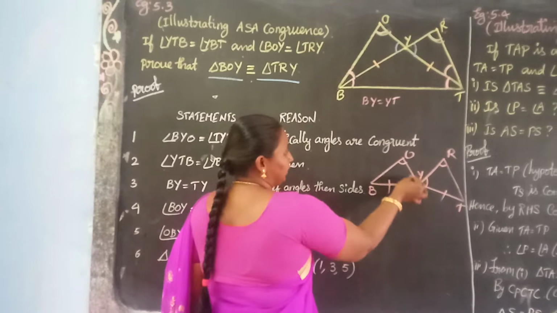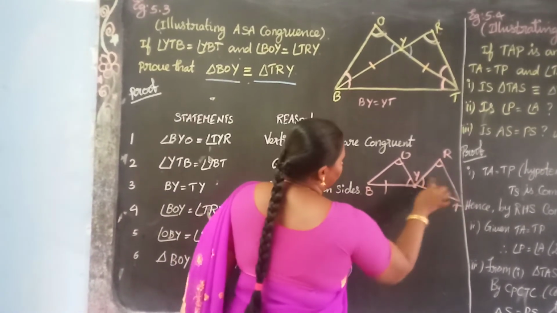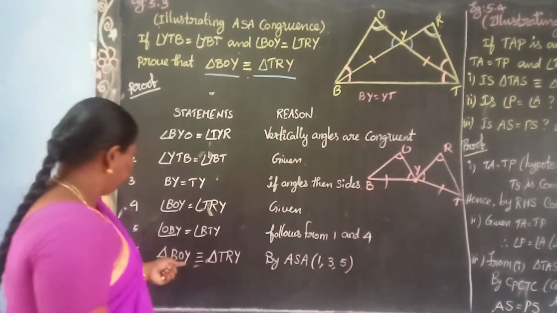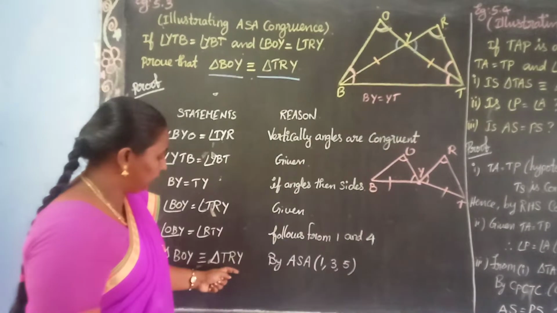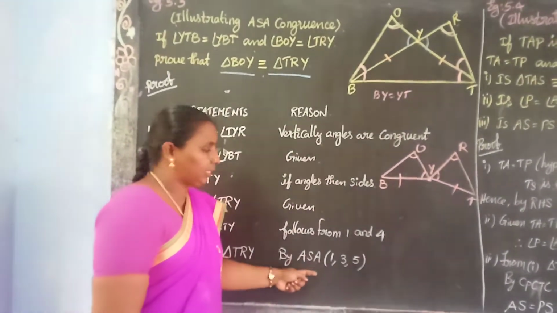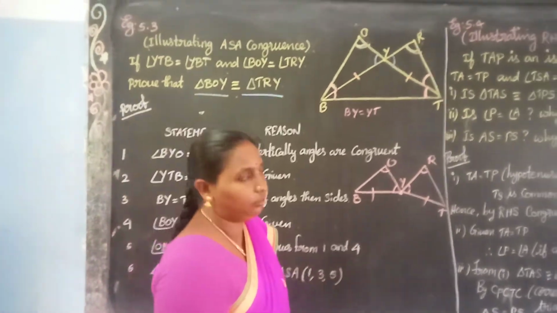So two angles and the included side: angle, side, angle. Here also angle, side, angle. Therefore triangle BOY is congruent to triangle TRY by angle-side-angle. Do you understand this sum? Move on to the next one.